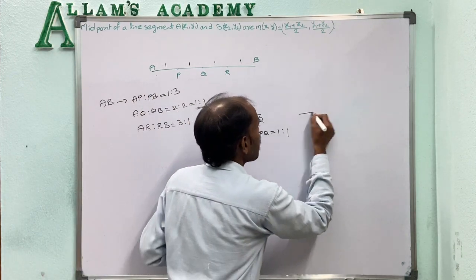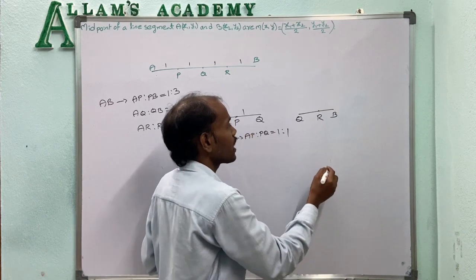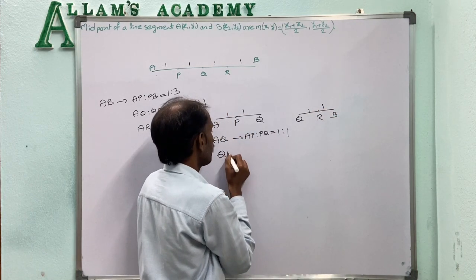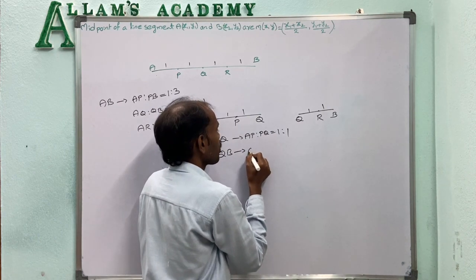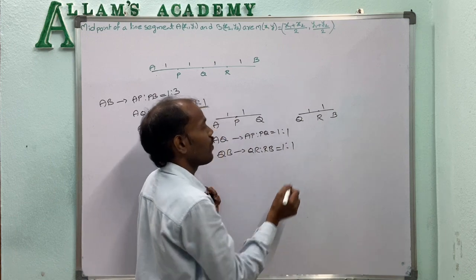The line segment QB is divided by the point R in the ratio 1:1, so QR to RB is 1:1.